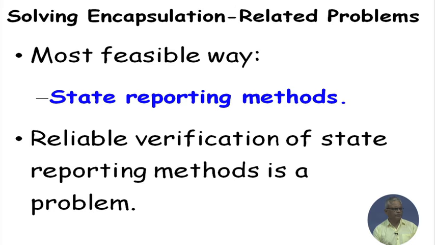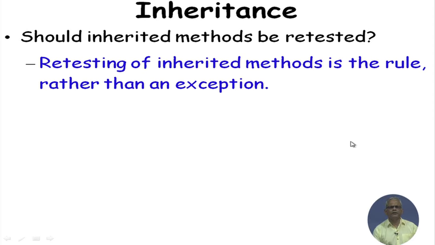But the most promising way is the state reporting methods, and normally this is the way encapsulation is handled by testers. They are state reporting methods, and they overcome the encapsulation problem and can check the values of the private variables. Now, let us look at another important feature of object oriented programs, which is inheritance.